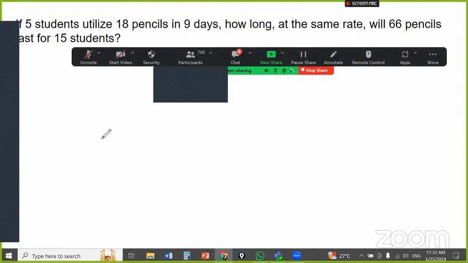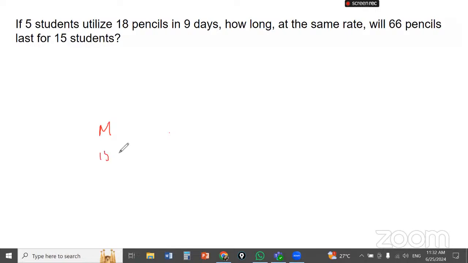It is just students, that is, students is 15. Yeah, it is only 3. So pencils, that is work done. How many students are there?